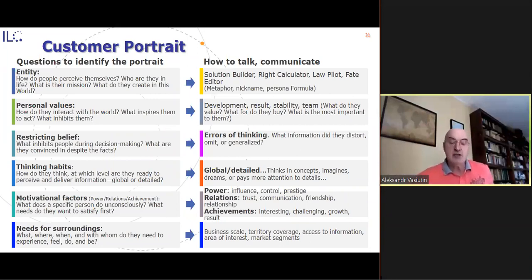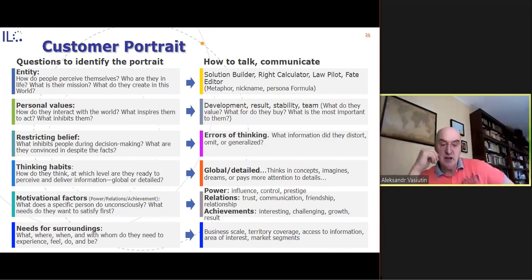And these are the phrases to be used when you talk to people who have the way of thinking of a being. But when you talk to people who value their personal values, you must use different words. I like this term a lot, the editor of your destiny.